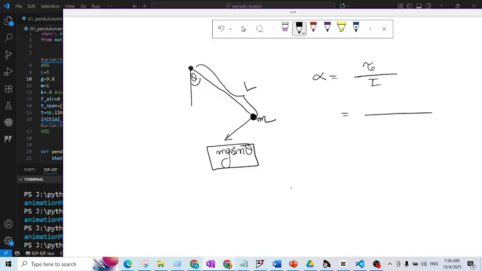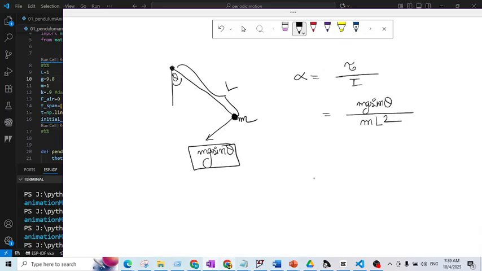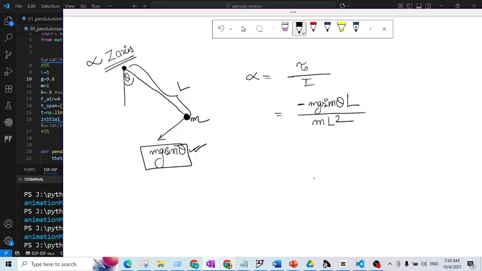Here the moment of inertia is m times L squared, if I assume that it's a simple pendulum, and the torque is mg sine theta times L. But here one thing, we are assuming the positive z-axis, that means alpha is pointing along the z-axis, so mg sine theta is opposing this motion, so we have to write a minus here.